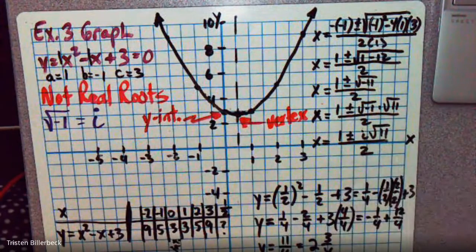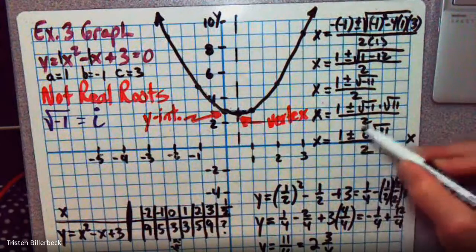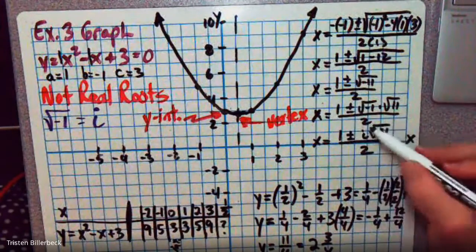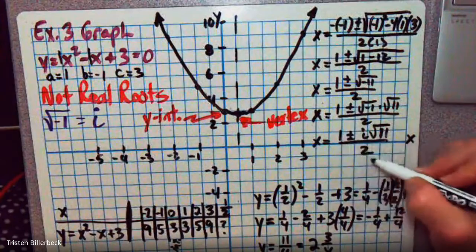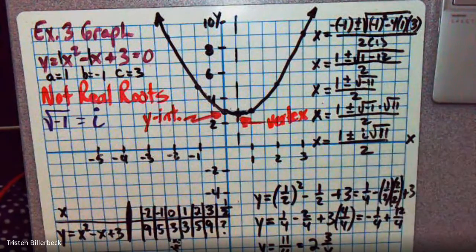So those are our two imaginary roots, or complex roots, because the complex numbers are a mix of a real number, because 1/2 is very real, but then we have an imaginary component, so it becomes a complex number.